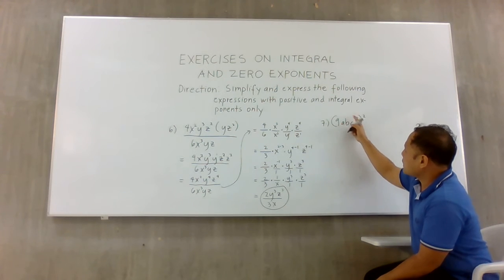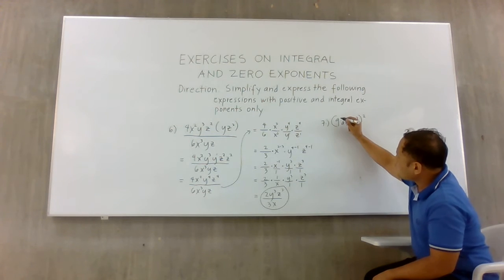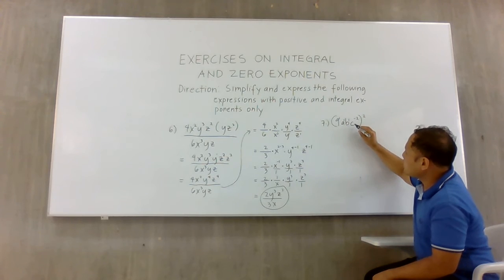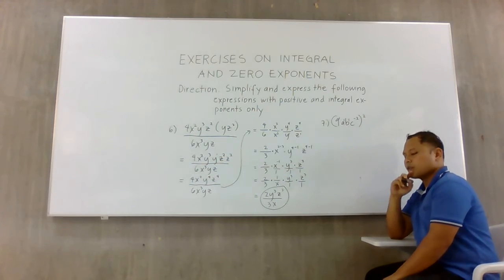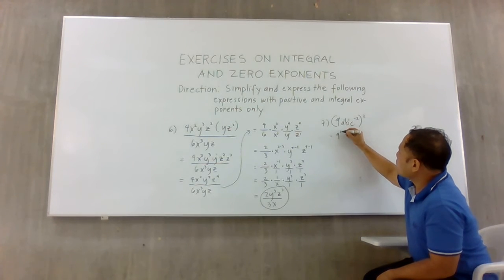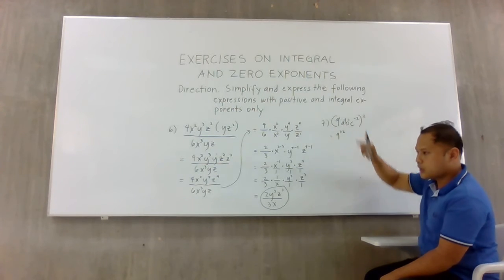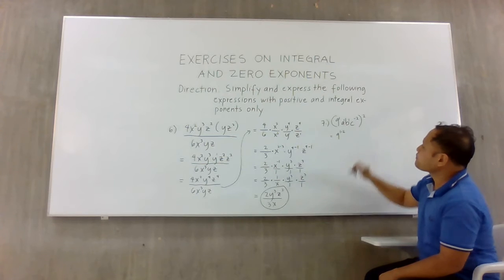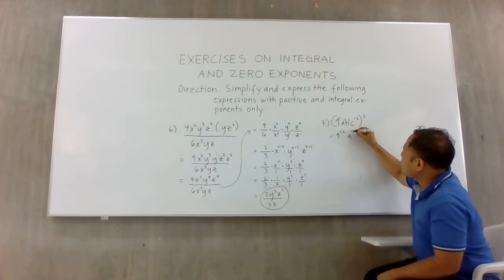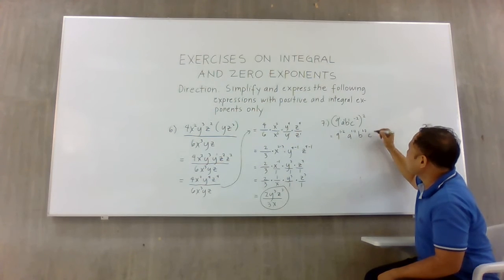So the main operation used here inside the parentheses is multiplication. So 9 is understood to have 1 as exponent, A is understood to have 1, B 1, C has already negative 2 as the exponent. So we have to distribute the exponent to each factor inside the parentheses. 9, 1 times 2, A 1 times 2, B 1 times 2, C negative 2 times 2.